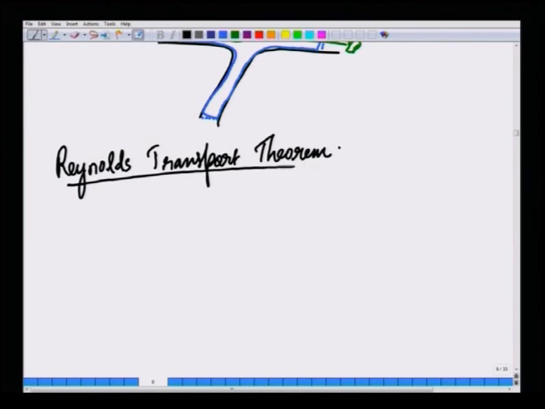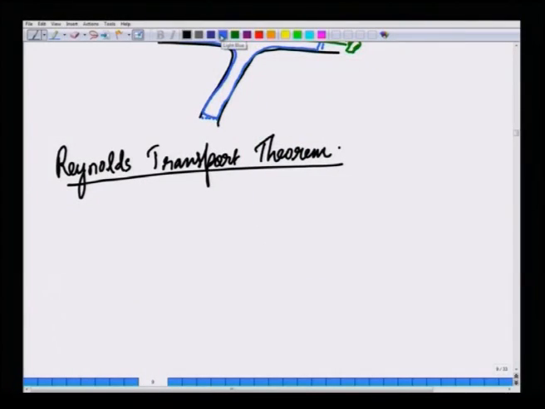The Reynolds transport theorem is a way of relating time derivatives of quantities such as mass in a given region of space to those associated with the system, or the material that is present in the system. For example, we said that you identify a fixed region of space.